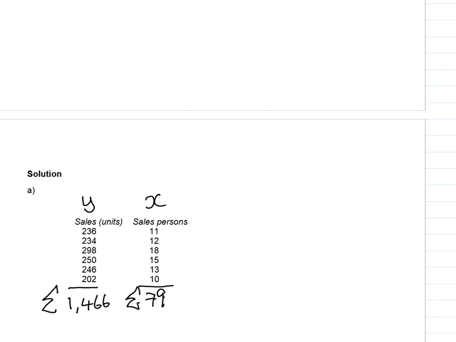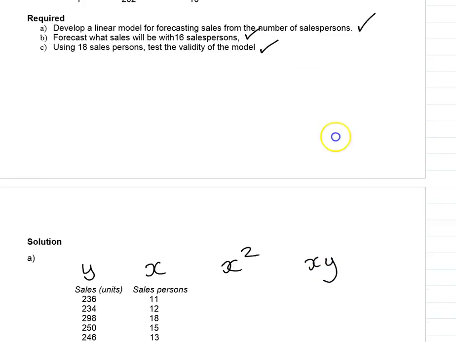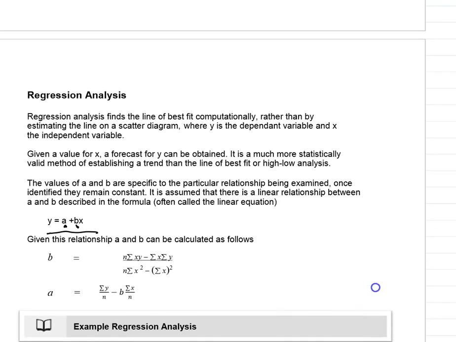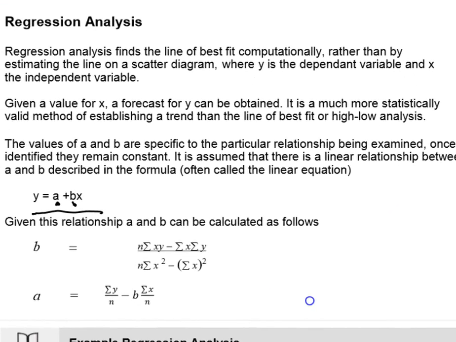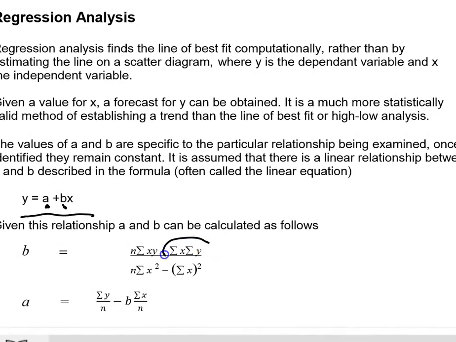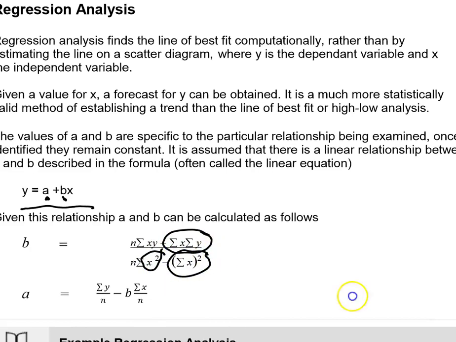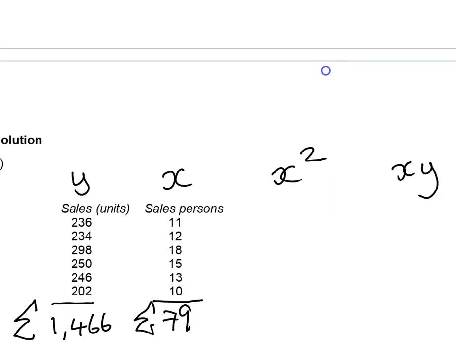There are two other columns that we need if we are going to work out the solution. We need X squared and we need XY. You can see that these are terms in the formula. So let's go back to the example.